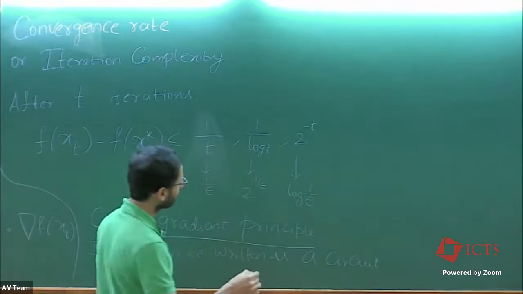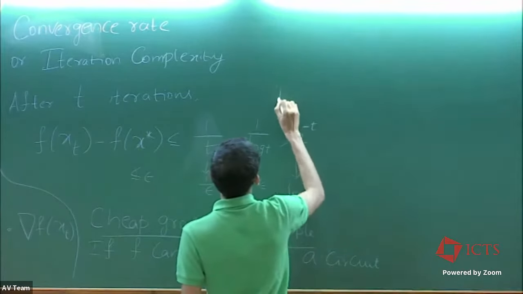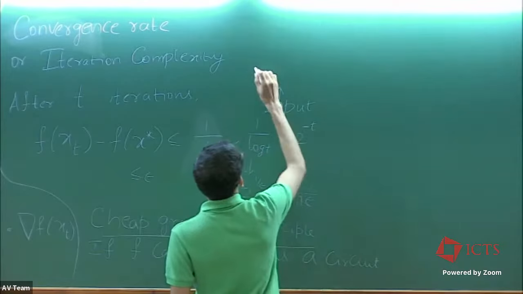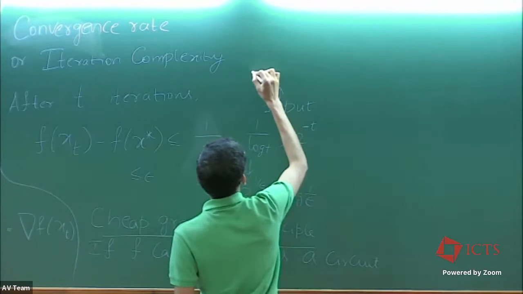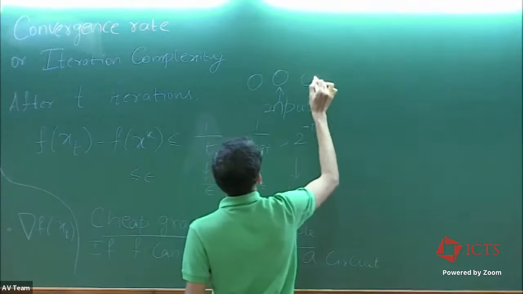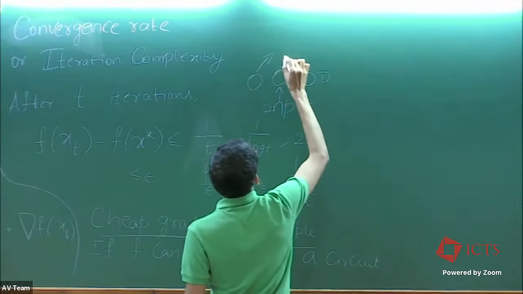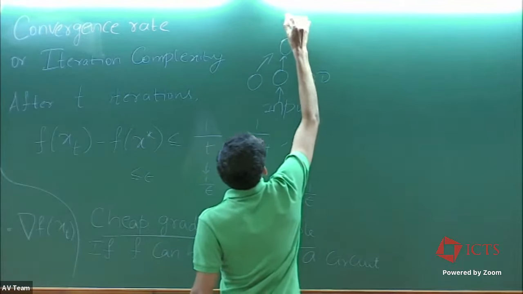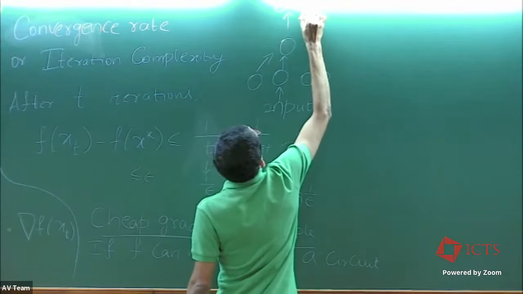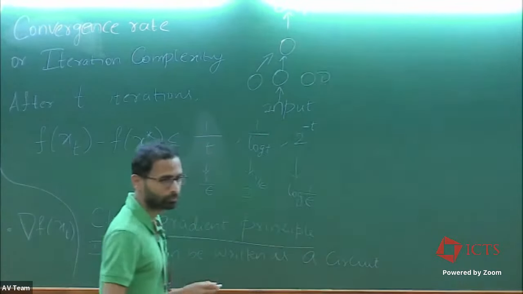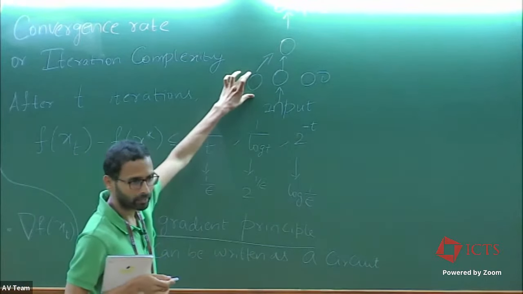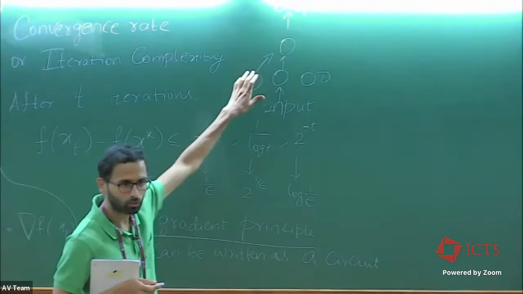By circuit, all I mean is that we have an input like this, and then we have computation given as a directed graph, and finally we have an output, with each of these nodes doing some smooth operation, meaning differentiable operation like addition, multiplication, and so on.